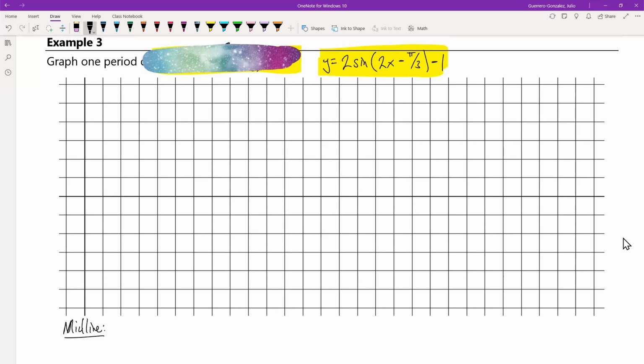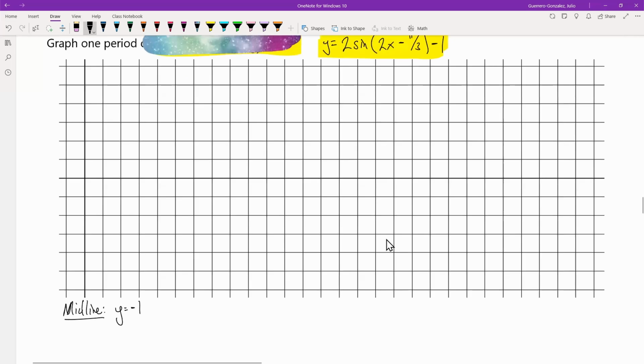We can see that's going to be y is equal to -1, okay? Amplitude. The amplitude is going to be 2. Period. We know that the formula for the period for sine is going to be 2 pi divided by b. We know that our b is equal to 2 in this case, right?